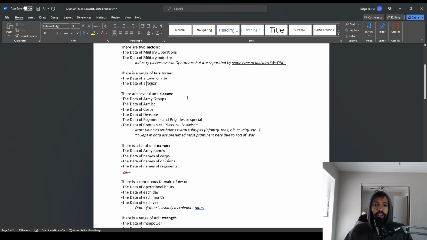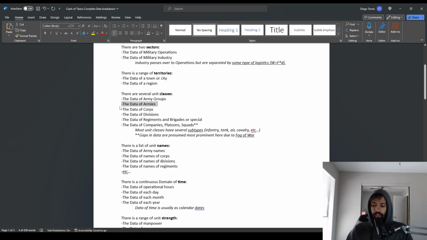Right, moving along, we also have unit classes, okay? And this is really strictly a military science scripted data set. I'm calling them classes. I'm sure people will call them other things, but it makes sense to me to call them classes. Maybe I could have called them unit ranks, perhaps. But basically, for every military, there's a large hierarchy of formation types.